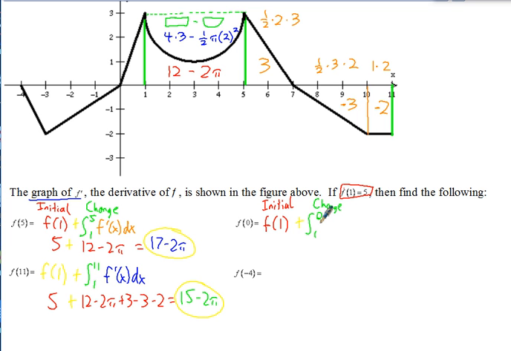Whatever your initial is has to start as your lower limit, and then to 0 is what we're looking for, of the derivative f prime x. So f of 1, that's still 5. Plus, now the system's a little bit different because the 1 to 0 here, that's not the standard order that these definite integrals are in. The lower number should usually be there. So remember, all you have to do to flip that, if you're in the wrong order, is just make it negative.